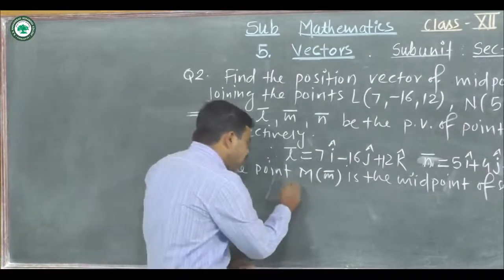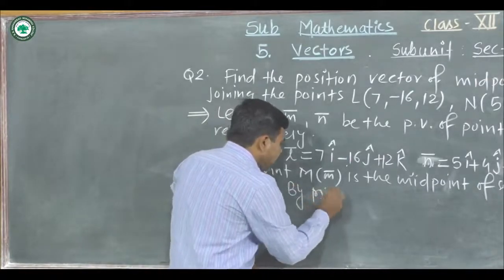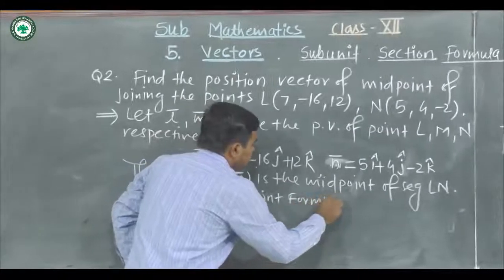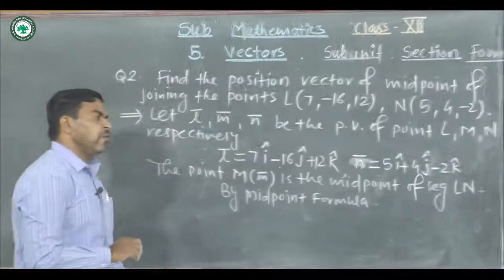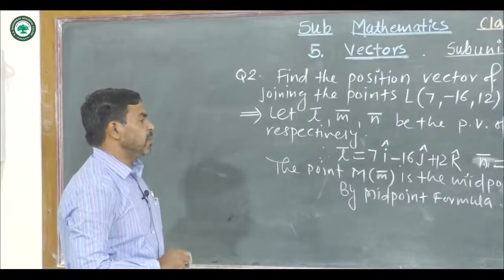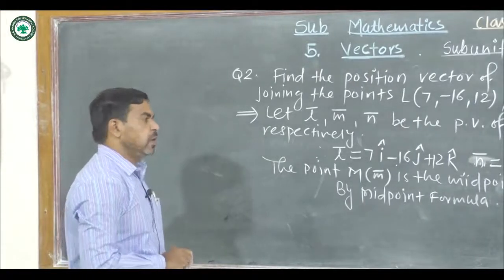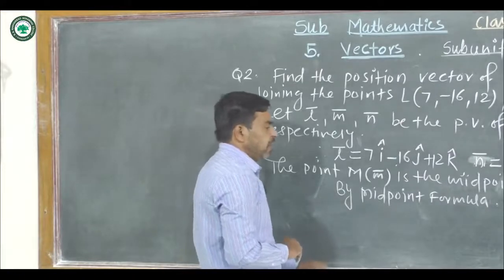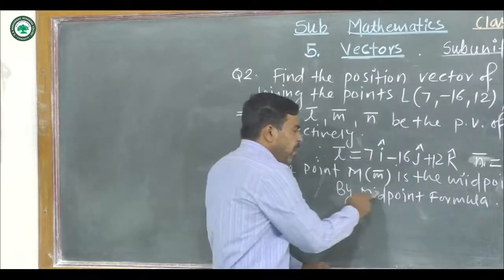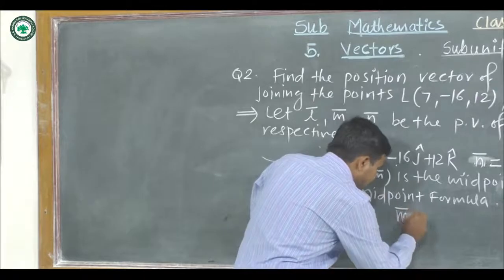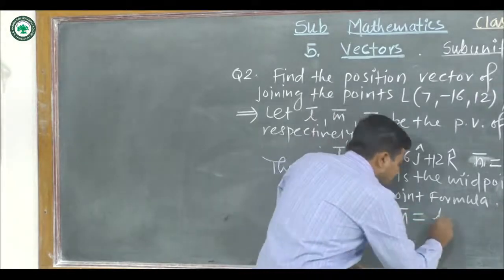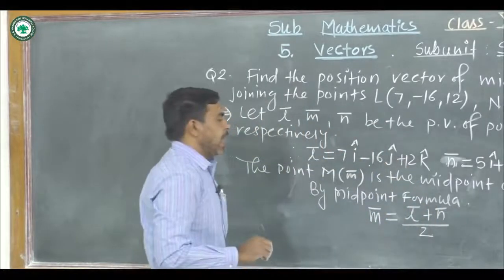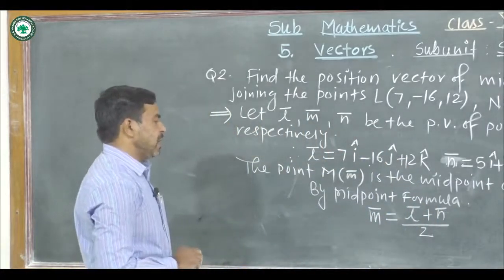So by midpoint formula, so what is the midpoint formula? r bar is equal to a bar plus b bar divided by 2, if R divides segment AB in the ratio 1:1. So by midpoint formula, m bar is equal to l bar plus n bar divided by 2.